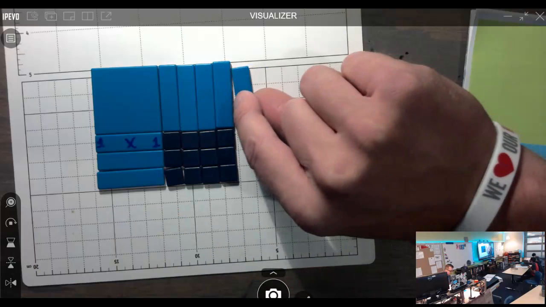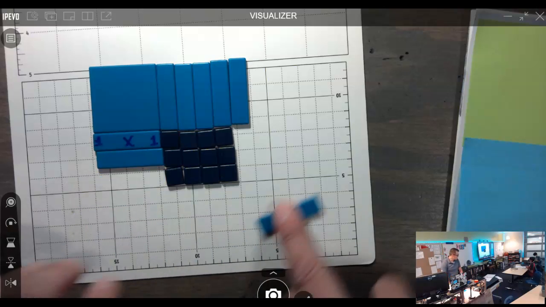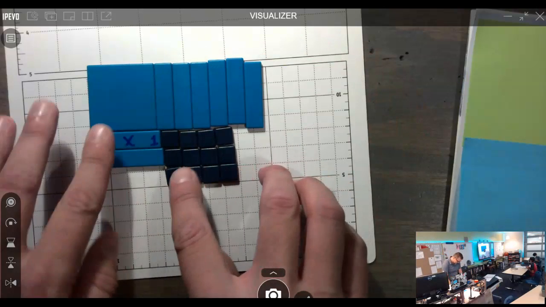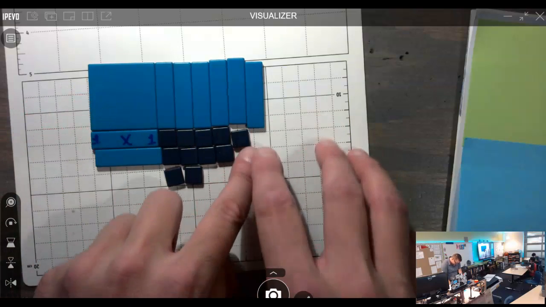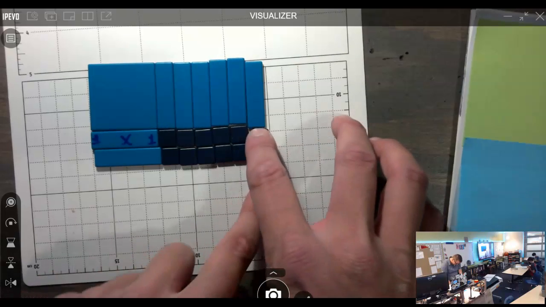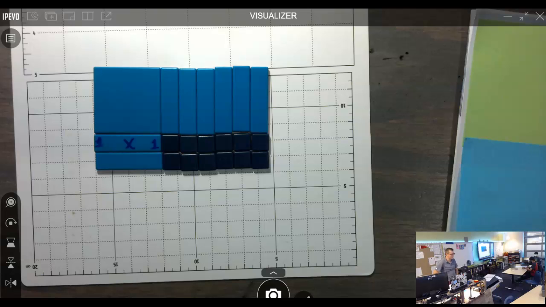If I move this over, now I'm just missing 3. If I move one more over, and then wait a minute, I think that looks pretty darn nice.